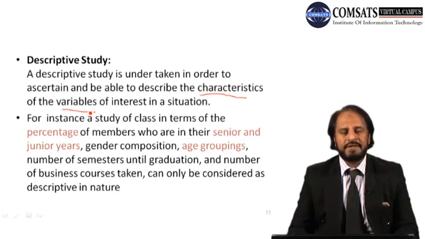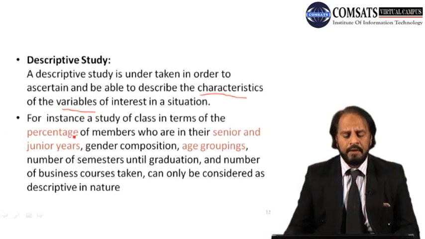Usually we try to get figures, such as percentages, the number of people in an area, or the number of incidences.